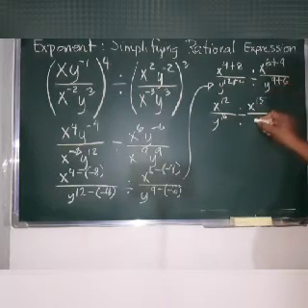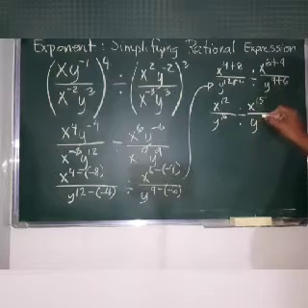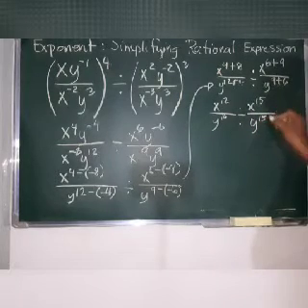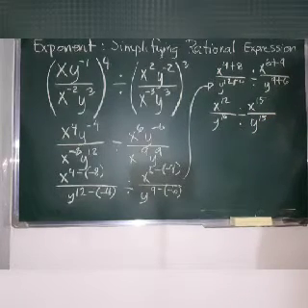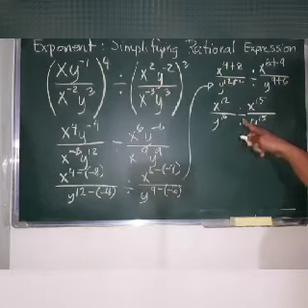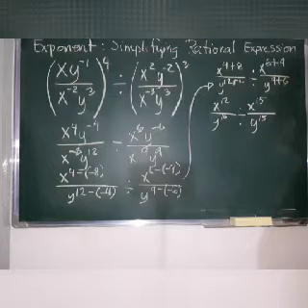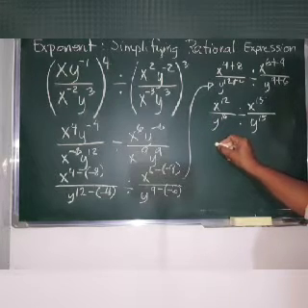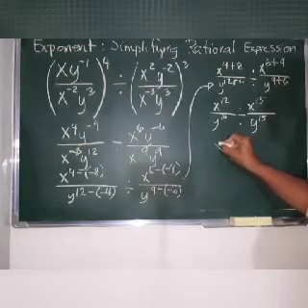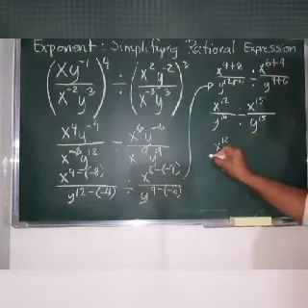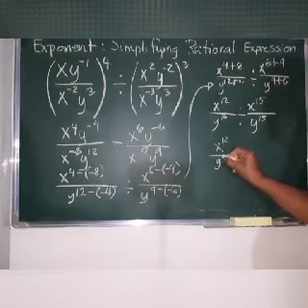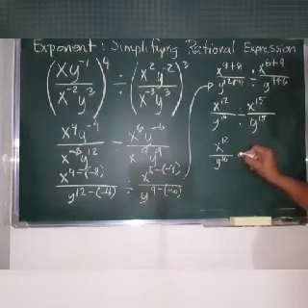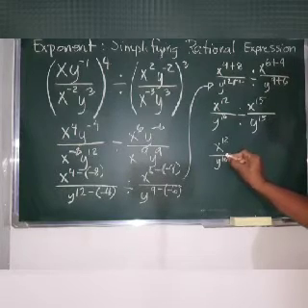And then, 9 plus 6 is 15. Next, so since division siya, pag fraction type tayo, copy the first term or the dividend. So, x raised to 12 all over y 16. Then, proceed to multiplication.